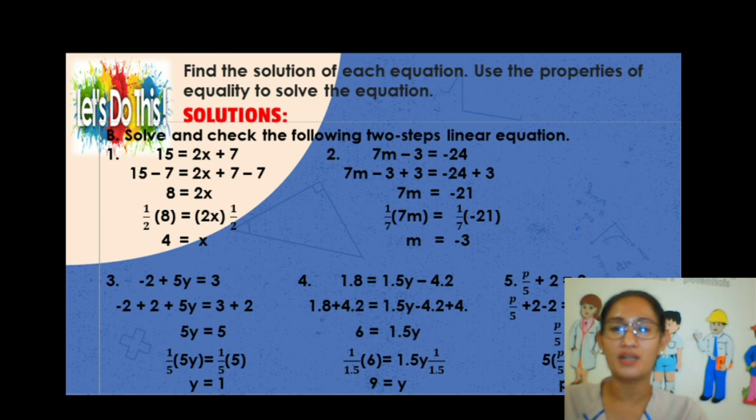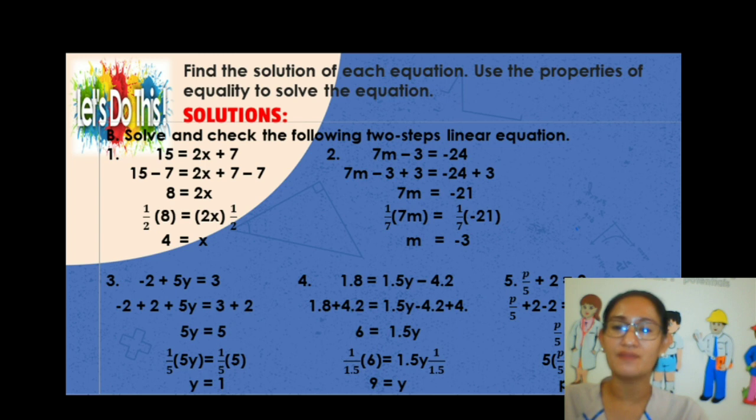Number 4, 1.8 equals 1.5y minus 4.2. We add 4.2 to both sides and get 6 equals 1.5y. To eliminate 1.5, we get y equals 9.